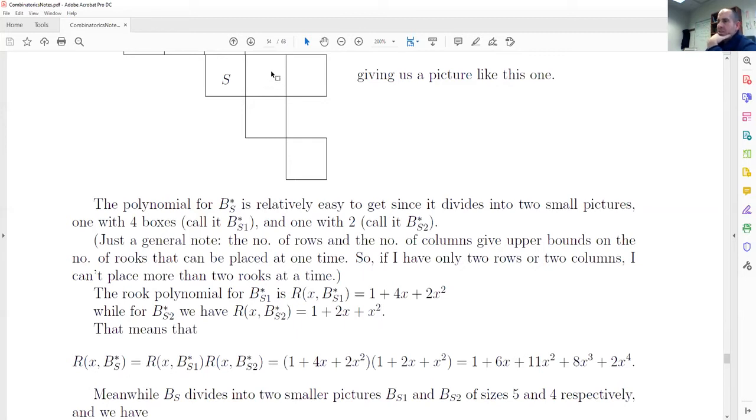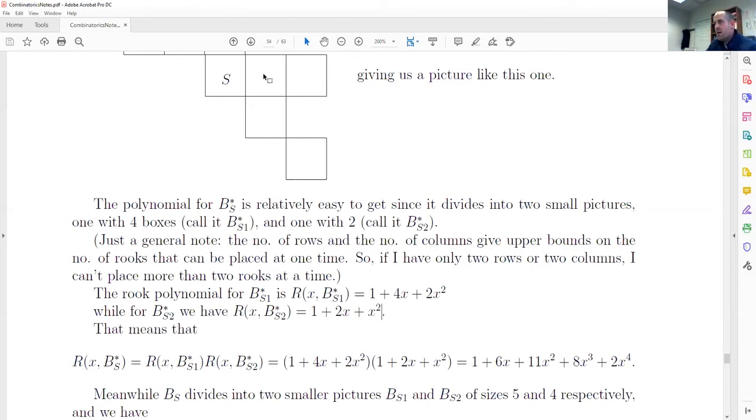Okay, so if I place a rook here in this first column, there's only one place I can go. And I have to place a rook in this first column. So the other place I could put it is right here. And if I do that, I'm seeing two places that I could put a second rook.